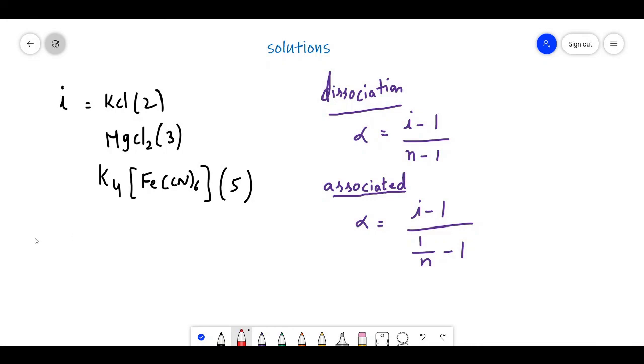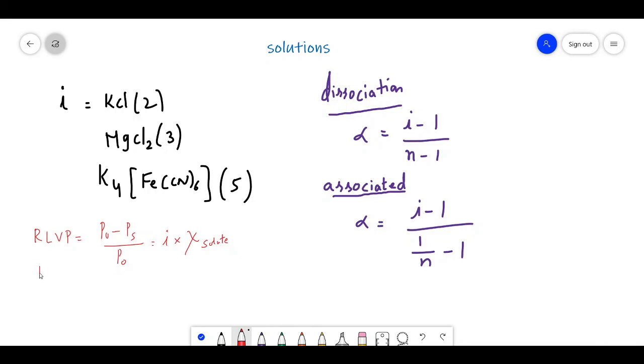So now the relative lowering of vapor pressure is modified to (P naught minus Ps) by P naught is equal to Van 't Hoff factor i into mole fraction of solute. So the first formula we don't have i. But whenever KCl or MgCl2 or some acetic acid is given, then you have to consider i value also.